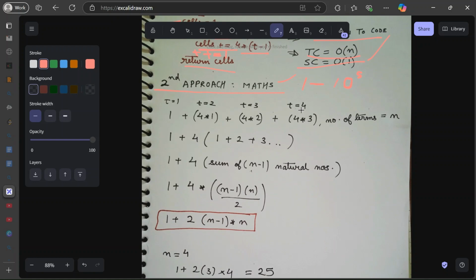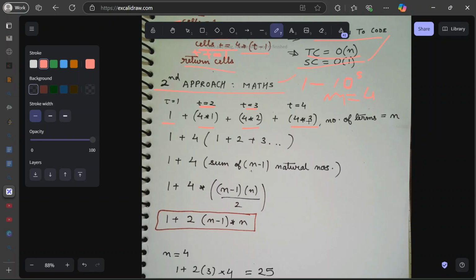So let's suppose we are given n as 4. So for t equals to 1, we know that we would have one colored cell. For t equals to 2 also, we know we have 4 into t minus 1. For t equals to 3, we know 4 into t minus 1. And we were summing up this, we were initializing cells with 1, and then we were adding up all these values to get our final result.